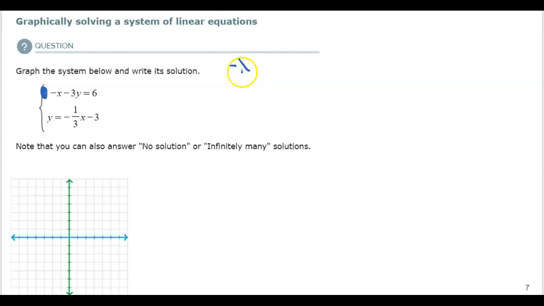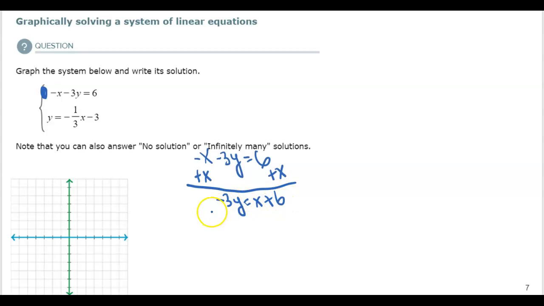But it is not in the form y equals mx plus b, so I can go ahead and get it in that form. So that's y equals -1/3x minus 2. So I go over here to try to graph that.